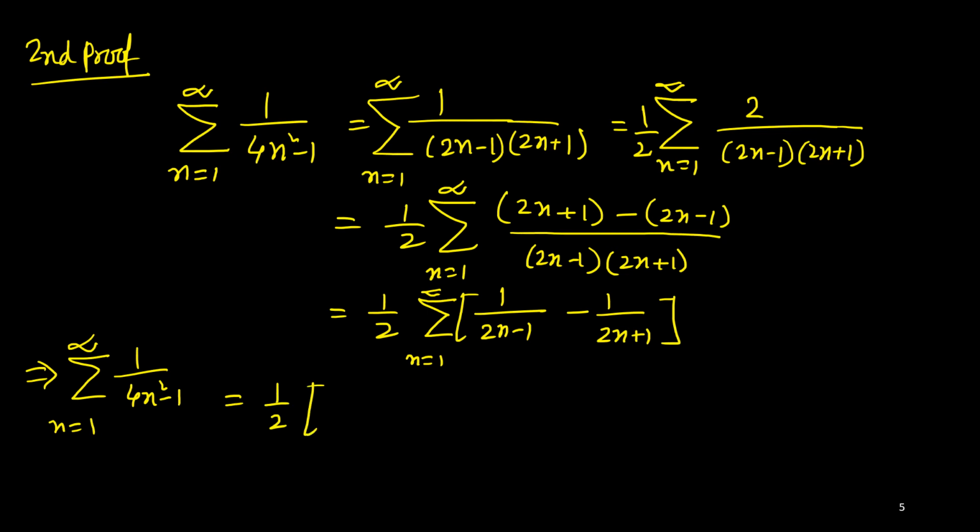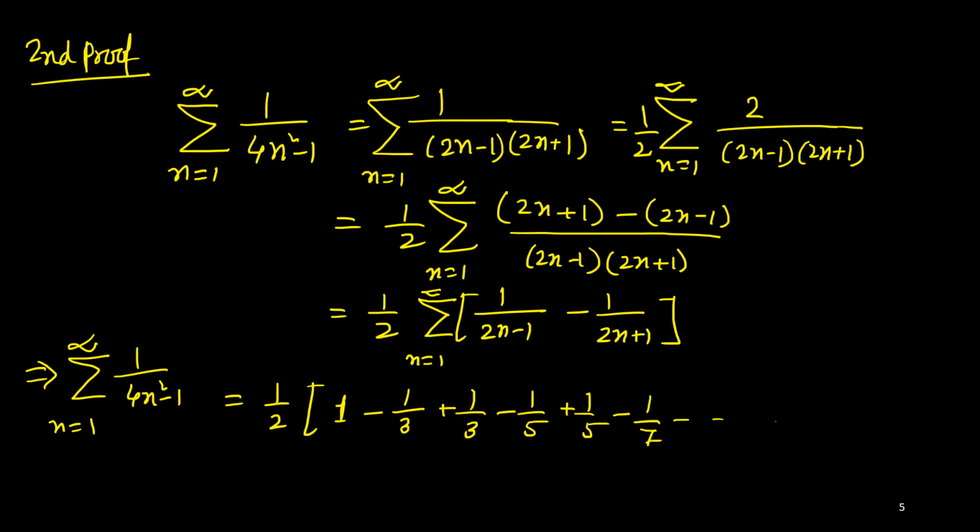Now if I put n equal to 1, then the first one is 1 and the next one is 1/3, and again if I consider n equal to 2, then this will be your 1/3 and it is minus 1 by 5, and next, if I put n equal to 3, then it is 1 by 5 minus 1 by 7. It's like that, it will continue.